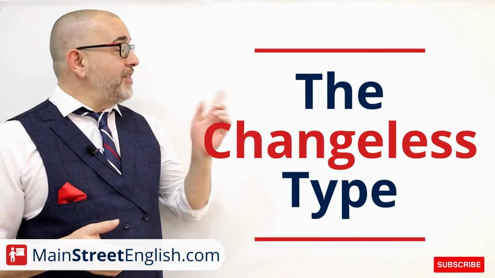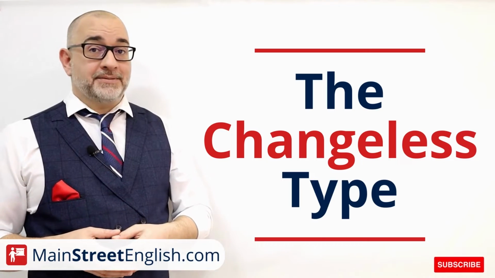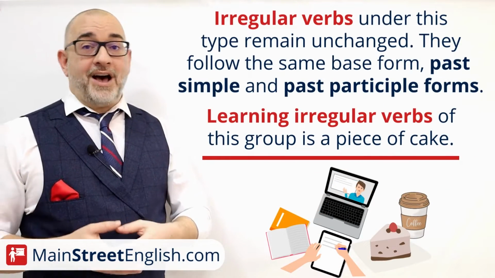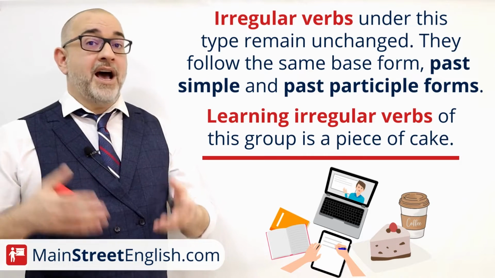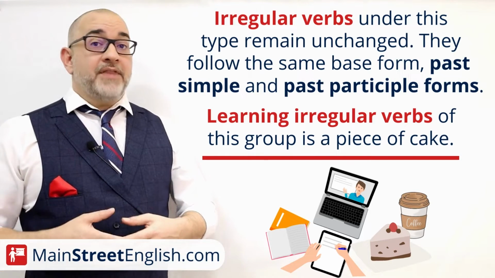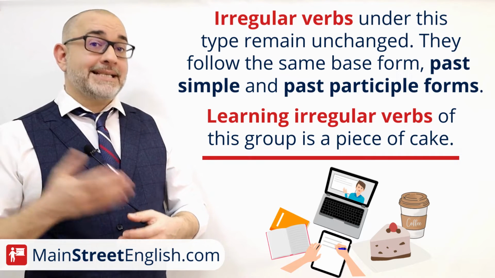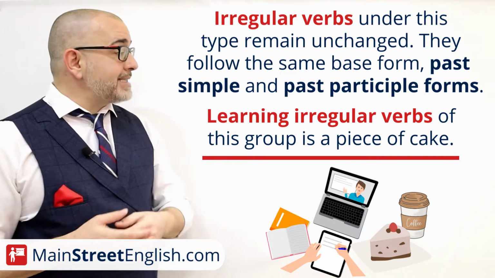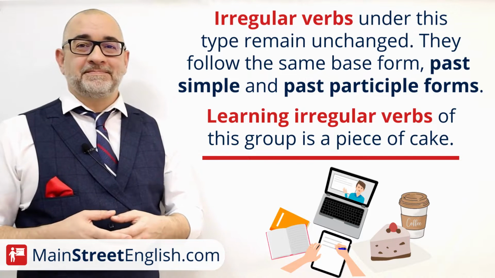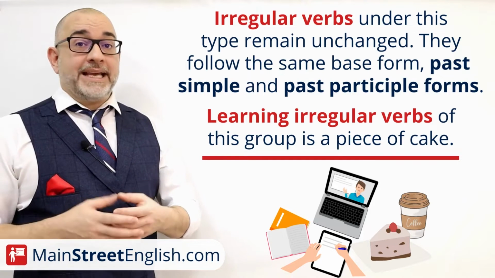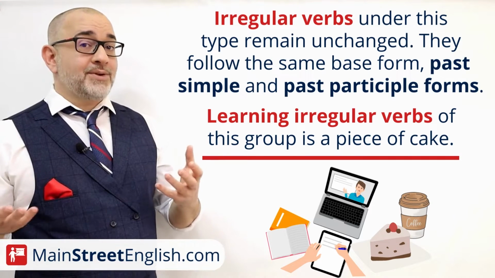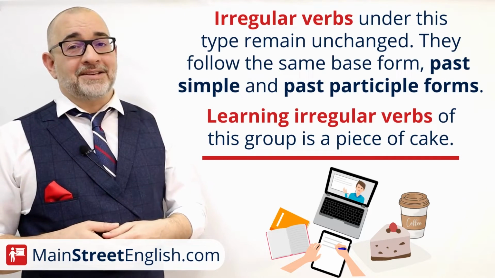Number 1, the changeless type. Irregular verbs under this type remain unchanged. They follow the same base form, past simple, and past participle forms. Learning irregular verbs of this group is a piece of cake.